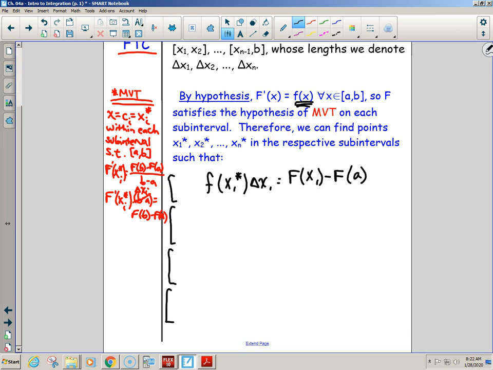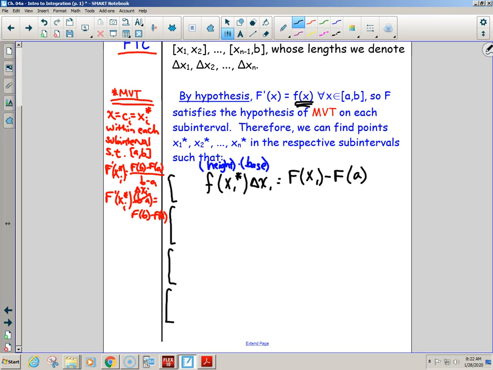Now hold on, wait a minute. Doesn't this look a little bit familiar? Look at your definition of an integral. Isn't this really just a base times a height according to our Riemann sum approximation? So it's saying that the base times the height at a special x value.